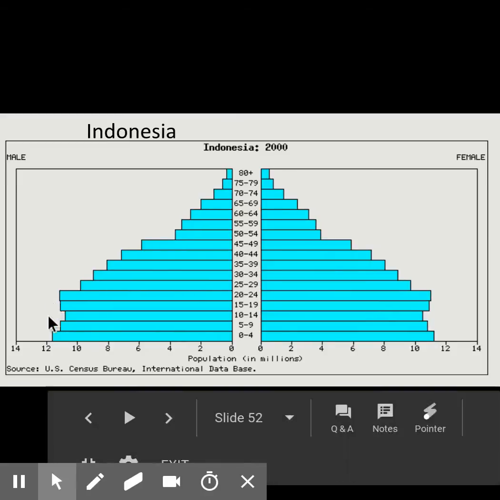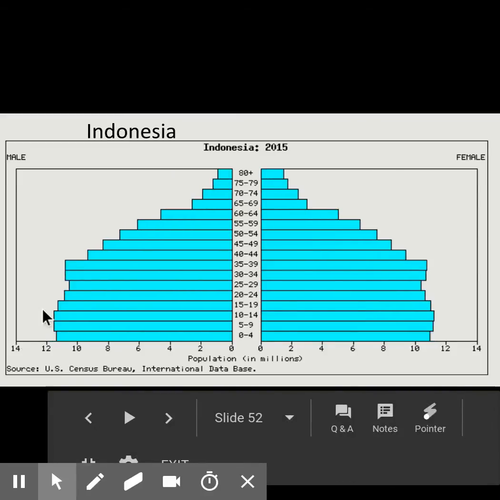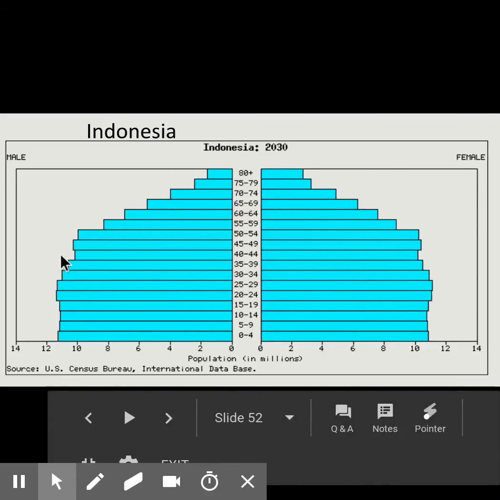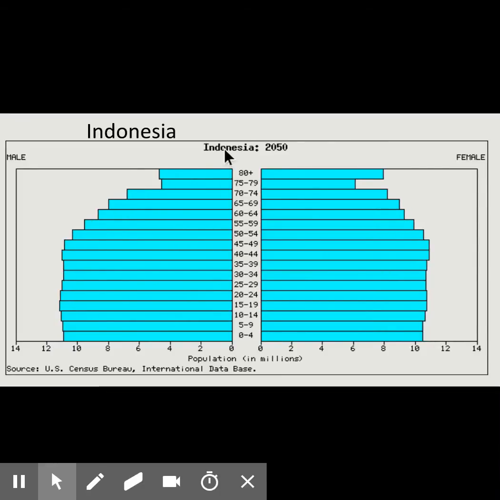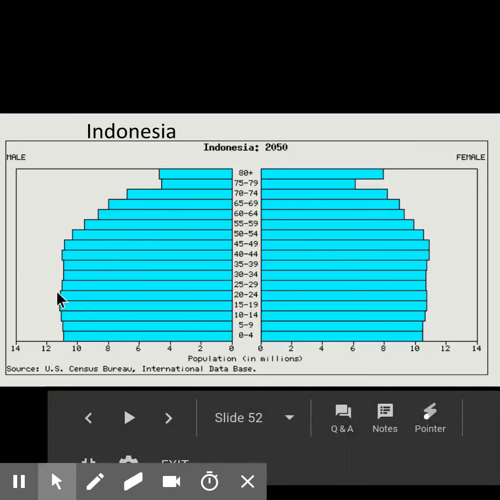So even though these people aren't going out to the left or growing like a pyramid, the full color of this graph is starting to get bigger. So there's a higher total population, even though the growth rate of the population is leveling out. And that is the last thing, I promise, on this video.